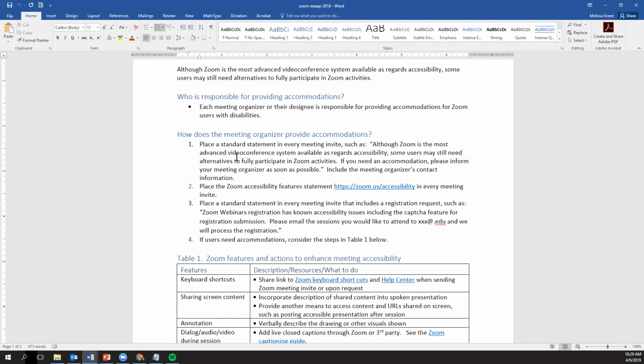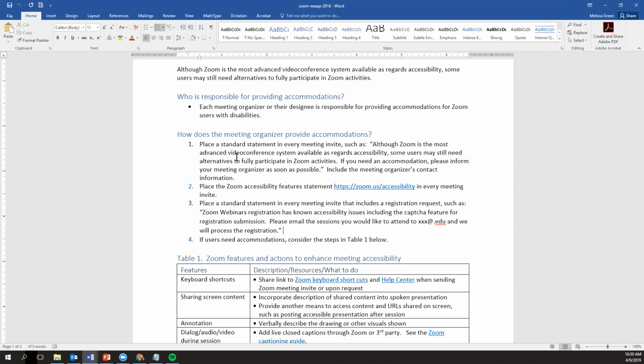They might place a statement in every meeting invite saying, although Zoom is the most advanced video conference system available as regards accessibility, some users may still need alternatives to fully participate in Zoom activities. If you need an accommodation request, please inform your meeting organizer as soon as possible. And then they would include the meeting organizer's contact information.